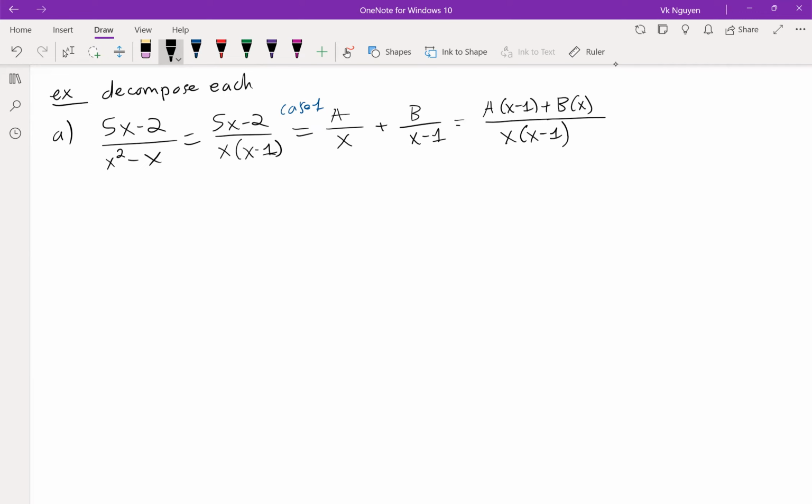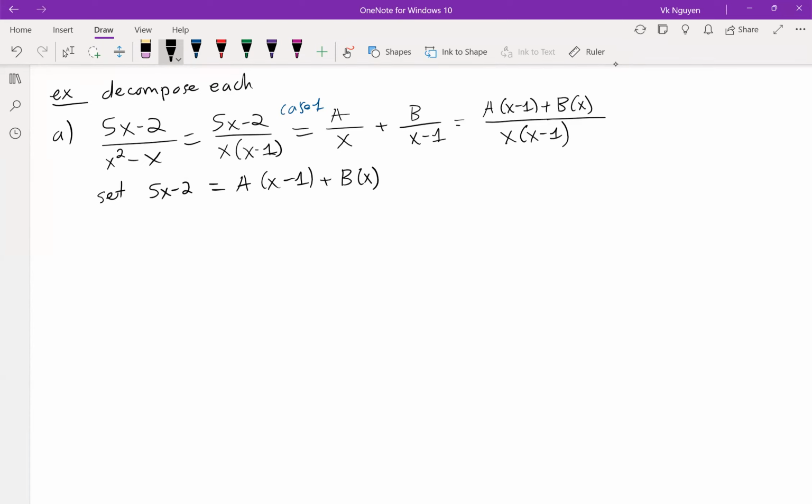The denominator is x squared minus x. So the numerator must be the same. We can set 5x minus 2 equal to a times x minus 1 plus b times x.